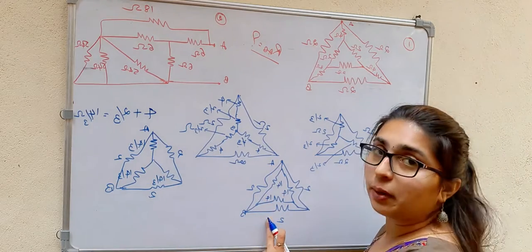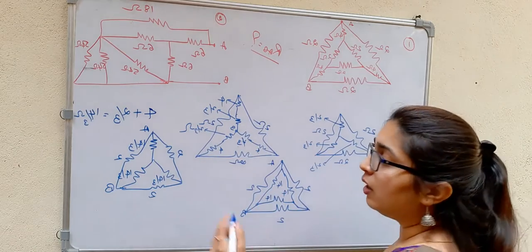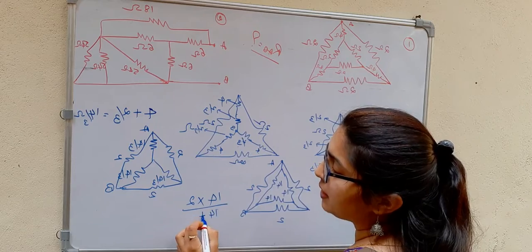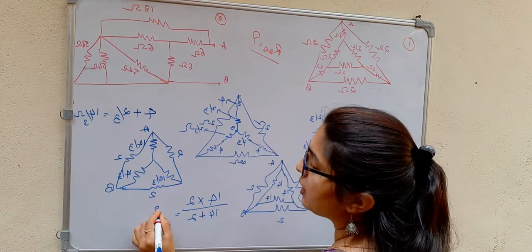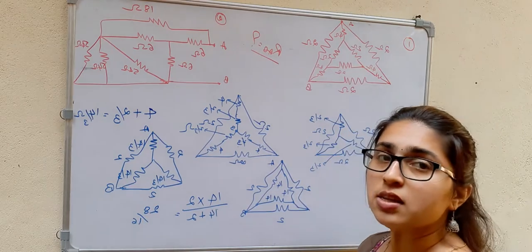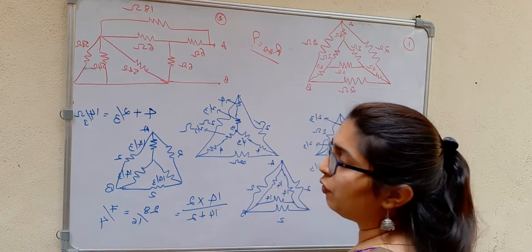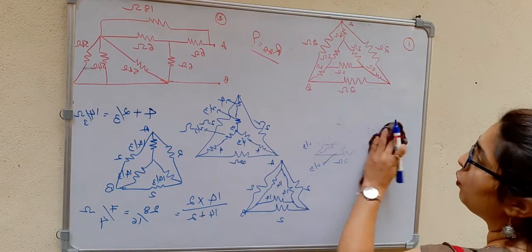These two resistors are in parallel, these two are in parallel, and these two are in parallel. Parallel means R1 R2 divided by R1 plus R2. So 14 times 2 is 28, divided by 14 plus 2, that is 16. 4 sevens are 28, 4 fours are 16, so it is 7 by 4 ohms.